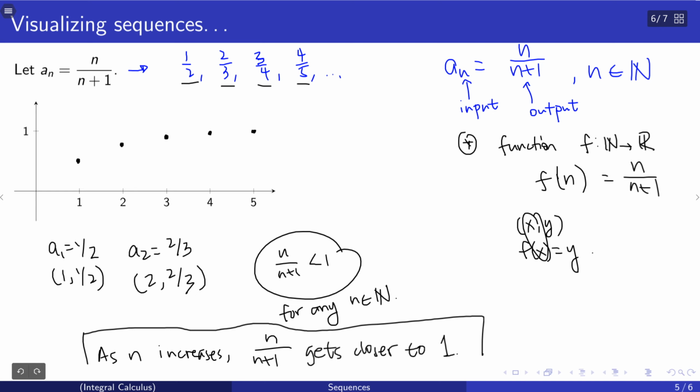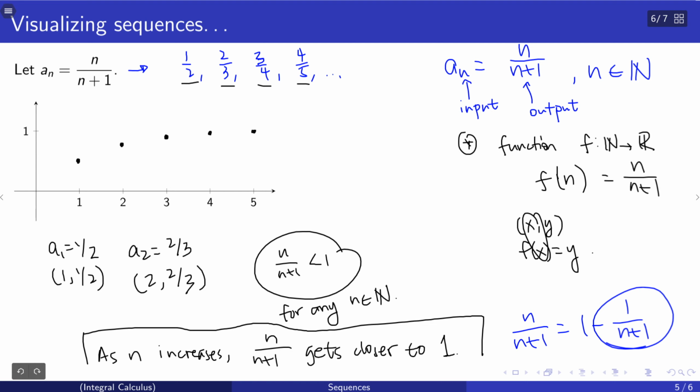One easy way to see that is to just write n over n plus 1 as 1 minus 1 over n plus 1. So the difference of a sub n with 1 is this part, 1 over n plus 1. And that goes to 0 as n grows very large. So we will actually call this a limit, similar to what you've seen before in differential calculus, even when we were doing Riemann sums.